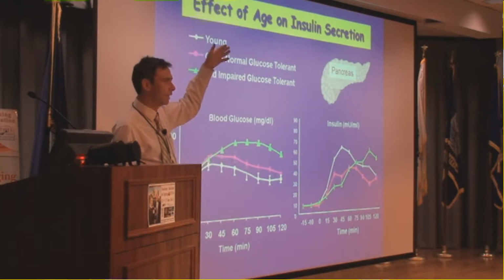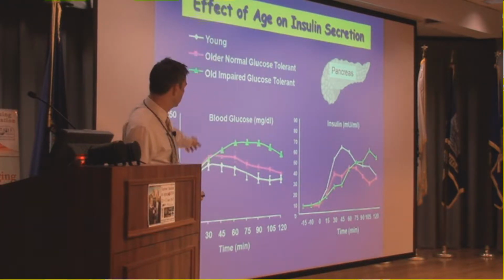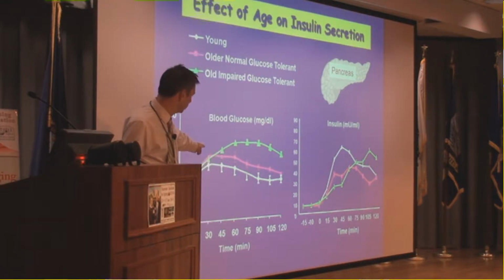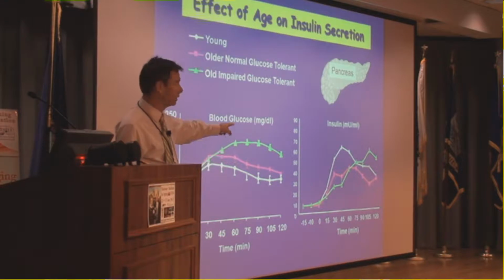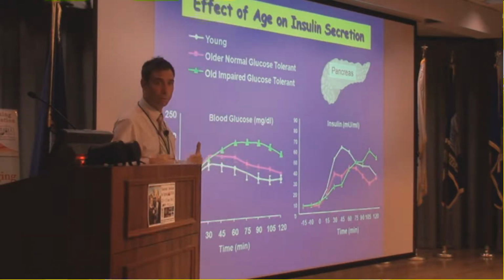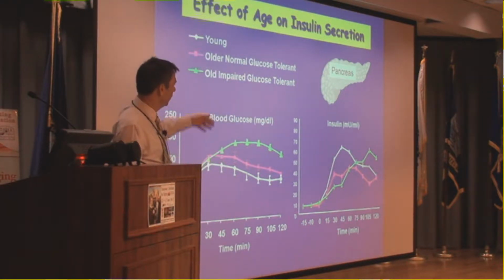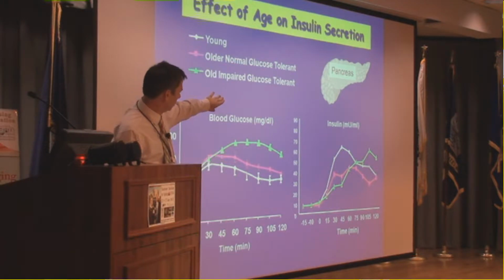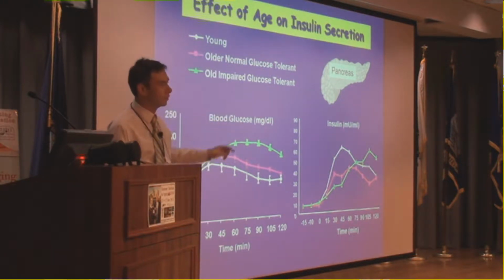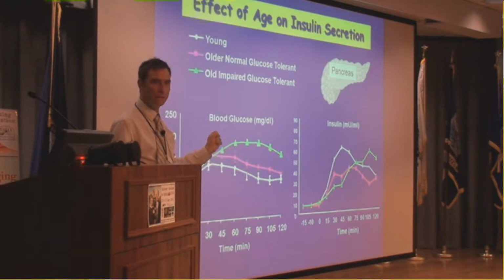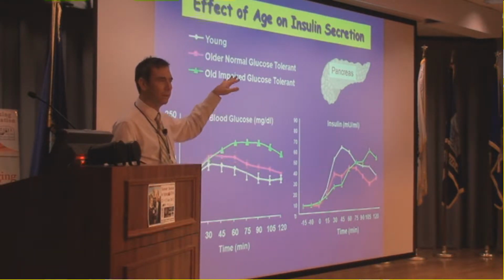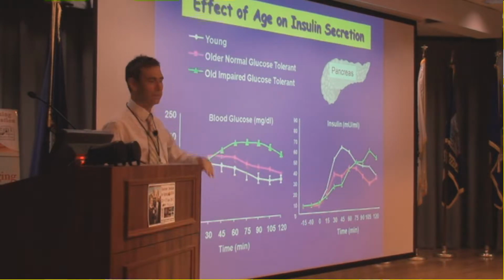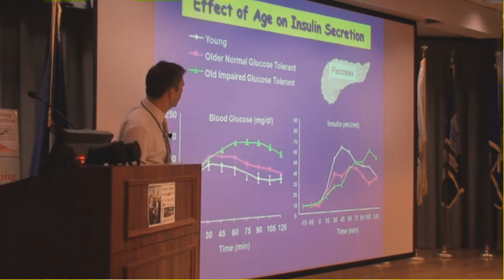It goes up very fast, and then you can see that around 45 to 60 minutes, glucose levels start to decline, right? Because that insulin is working properly in the tissues. And because glucose levels start to decline, the beta cells say, okay, everything's fine, I kicked out insulin, it's working well, I'm going to decrease it now, and it goes down. That's a nice normal response.